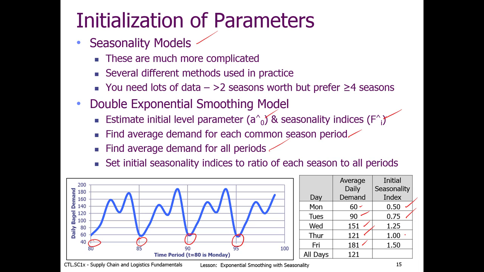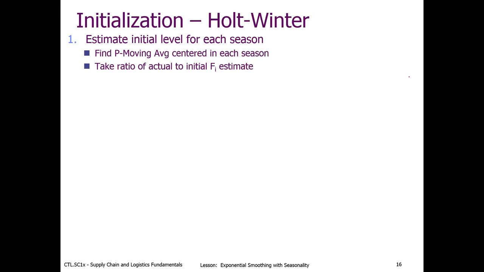So I'm finding what a Monday's sales are as a fraction of the average. And this will naturally have to sum up to P, in this case 5, and it'll average to 1. So this is pretty easy. We just find the average each day or each period and then divide that by the average over the whole length of that historical initialization data set. Okay, but here comes the tough one, Holt-Winters.